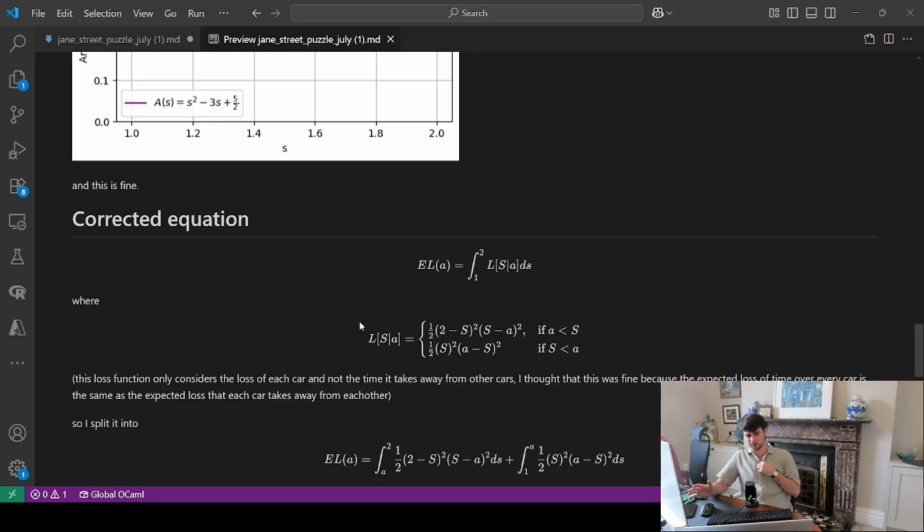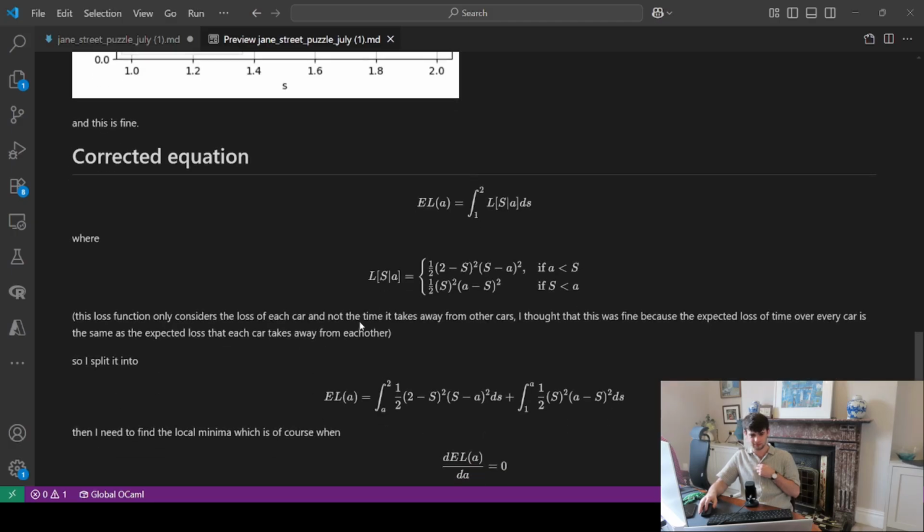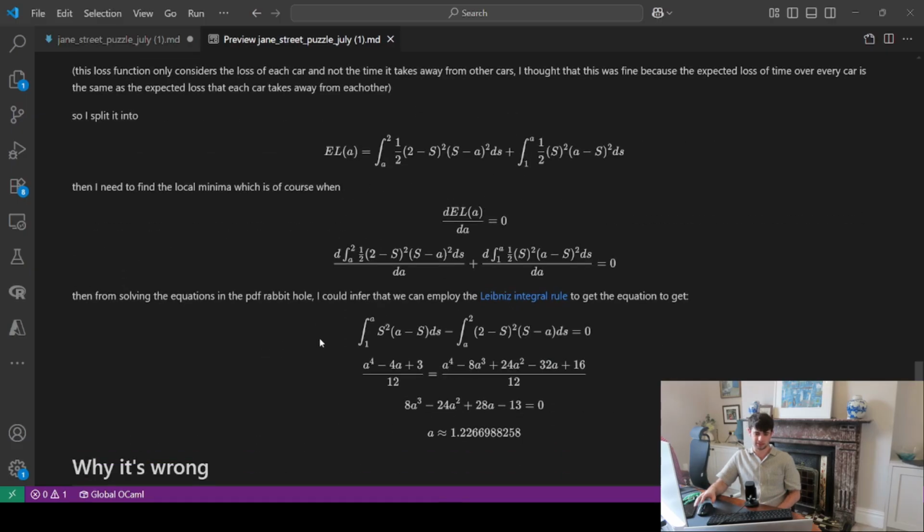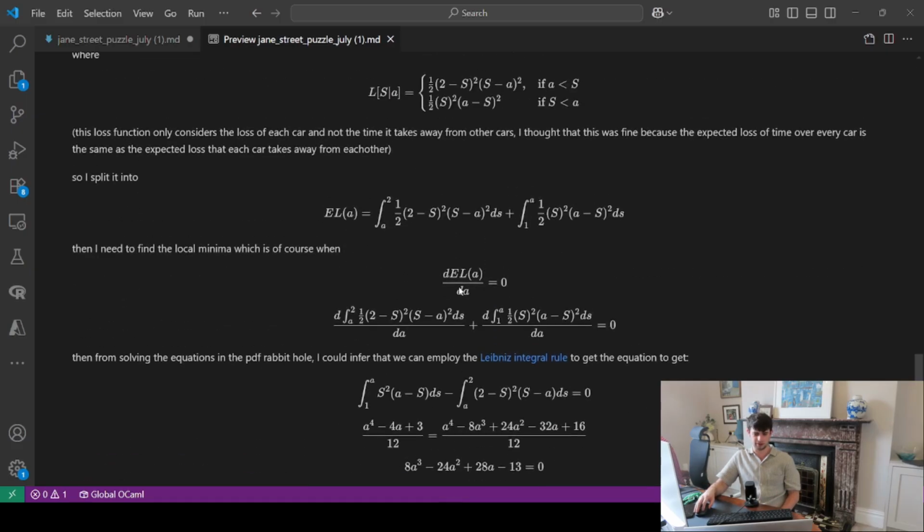And then, of course, quite simply, I just solved it. I put the derivative of the expected loss equal to 0. Bam, bam, bam.